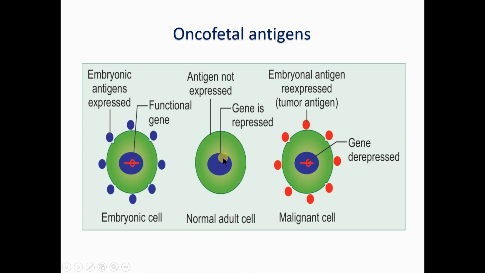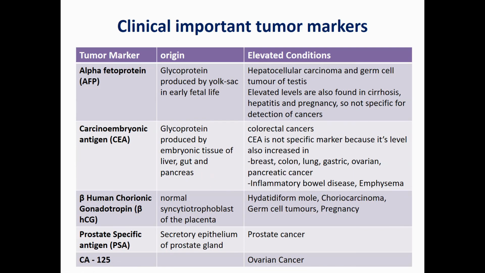But if this normal cell becomes transformed into a cancer cell, then in certain cancers the genes for oncofetal antigens become activated again. So it is known as repression, meaning inhibition, and derepression, meaning inhibition of this repression, which is activation. So in genetic terms it is derepressed. If a gene becomes derepressed, it becomes active again and synthesizes that product. So these embryonic antigens are re-expressed as tumor antigens in the malignant cell only. In the normal adult cell it is not there. So that was about the oncofetal antigens.